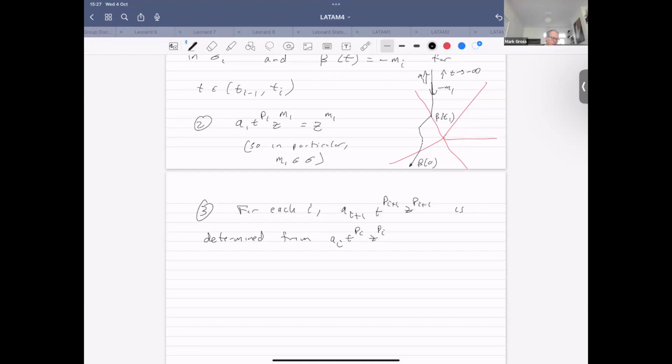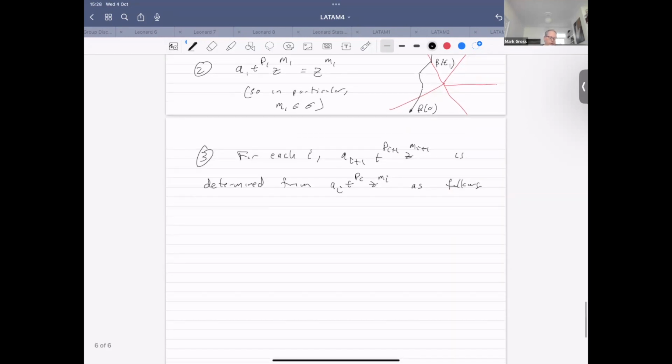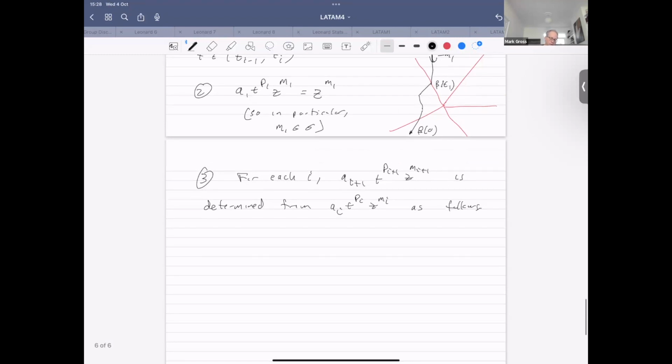So these should be M's, and M_{i+1} as follows. So there are two cases, depending on whether we're on a codimension 1 cell of P or not. So two cases.